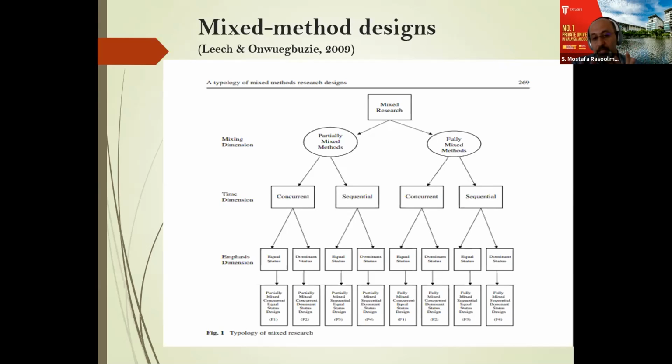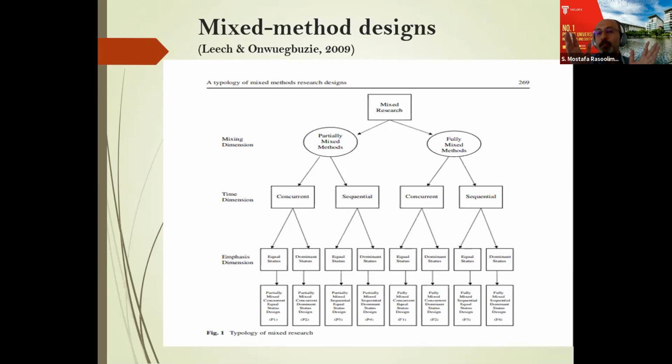So here you can see you have at least 12 different designs. If under each one we have one equal and two under dominant, so we have three under each time dimension. So at least we have 12.